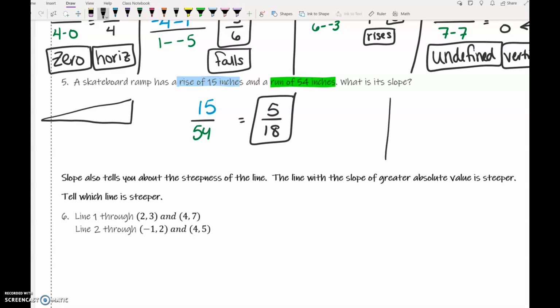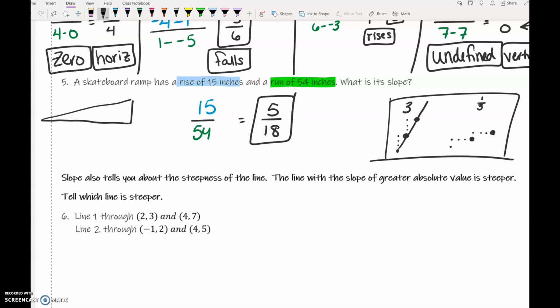The slope can also tell us how steep something is. So I'm going to kind of write this over here. It's not really related to example 5, but that's okay. If I have a slope of 3, that means from each point I would rise 3, run 1, rise 3, run 1. That would be a line with a slope of 3. If I have a slope of 1/3, that means rise 1, run 3, and so on.